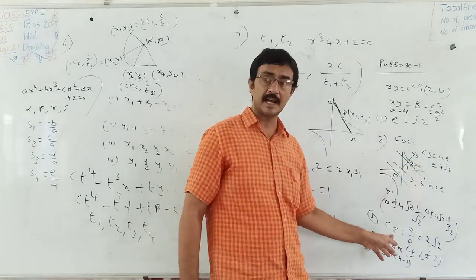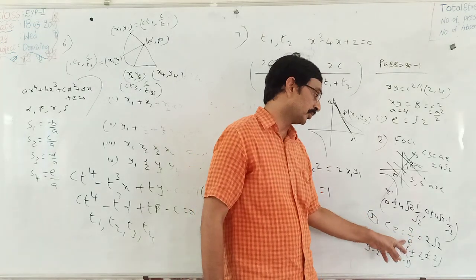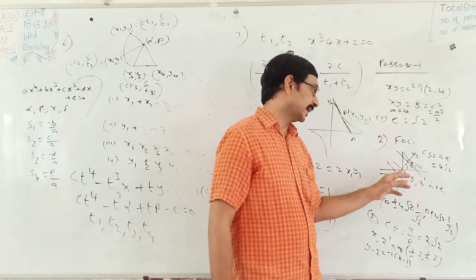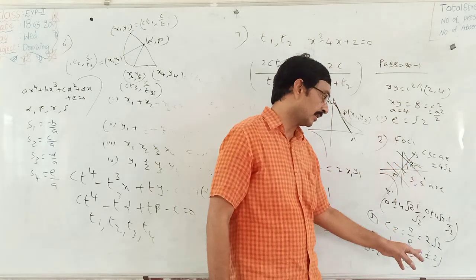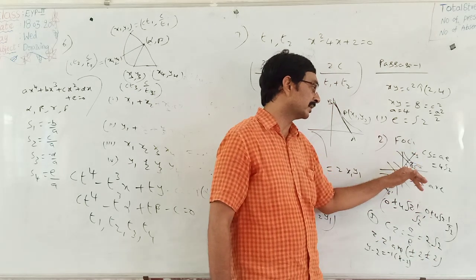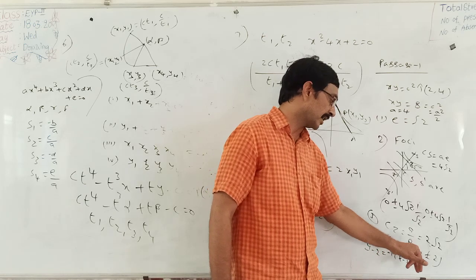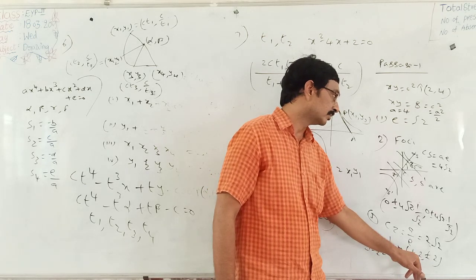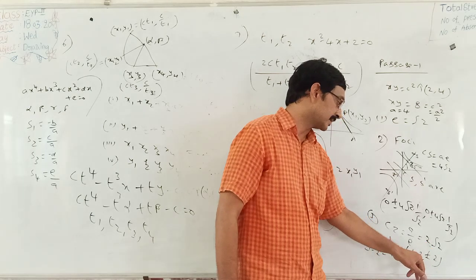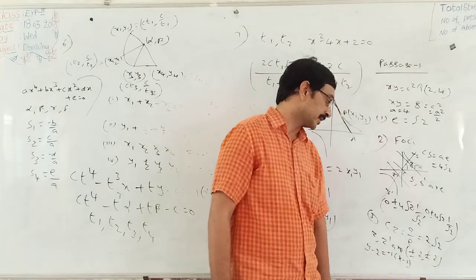All of you know this: CZ equals A by E, A value 4, E value root 2, 4 by root 2 is 2 root 2. Therefore, Z and Z dash are at a distance of 2 root 2 from the origin in the same direction, having inclination 45. Therefore, x1 is 0 plus or minus r value 2 root 2 into cos 45, which is 1 by root 2, cancel. Thus Z and Z dash are (plus or minus 2, plus or minus 2).